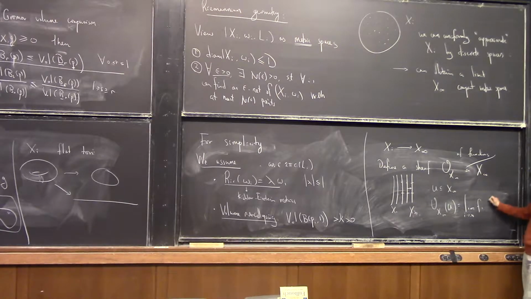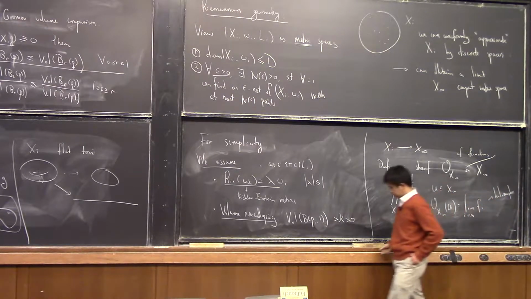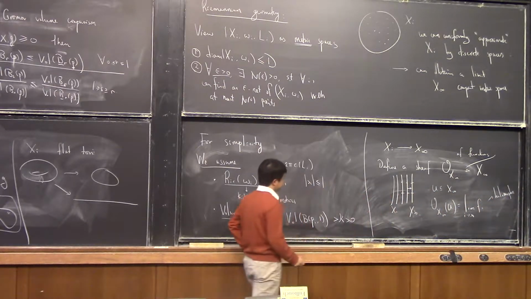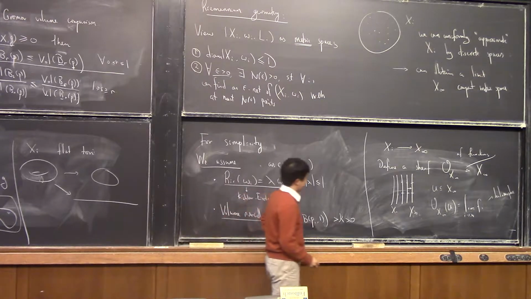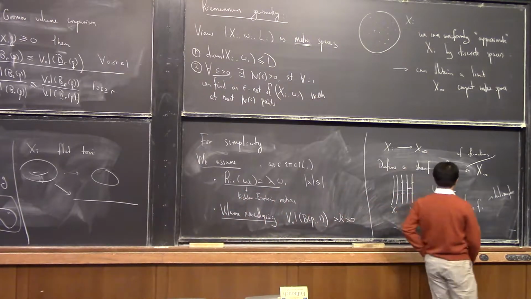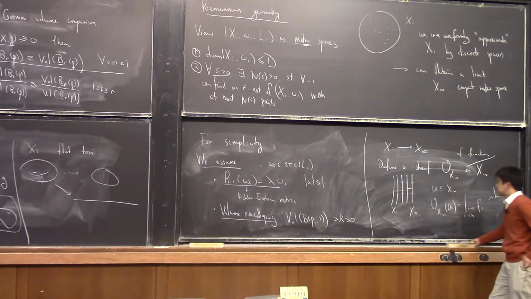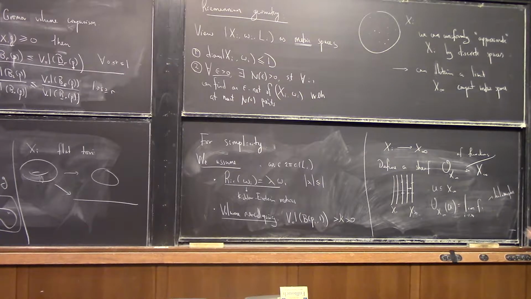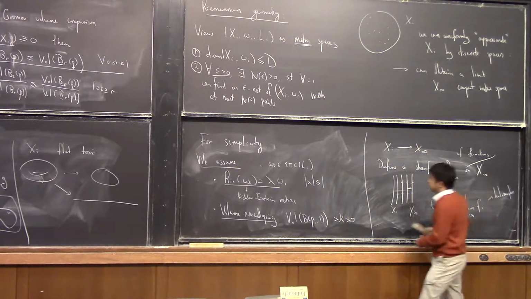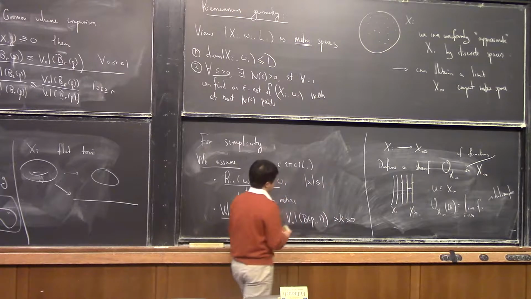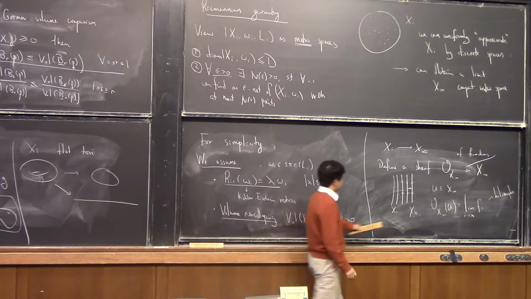So we want fi to be holomorphic, because the sheaf is the limit of the sheaf of holomorphic functions. This is a presheaf, and then you can define a sheaf.